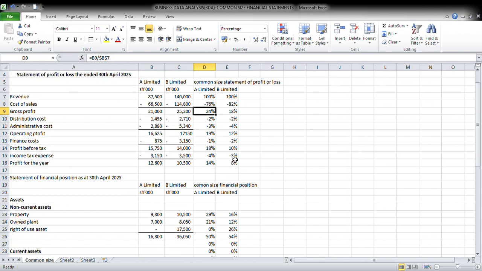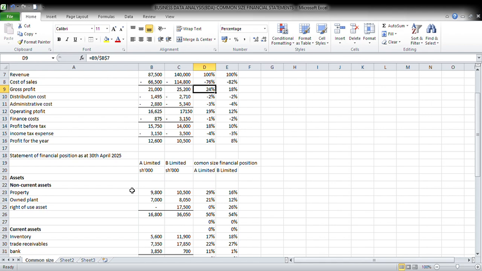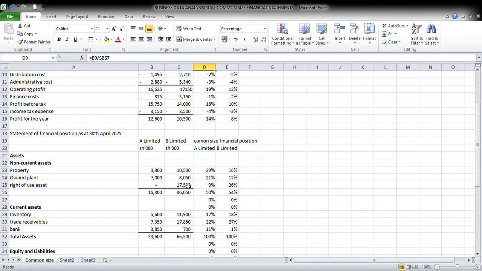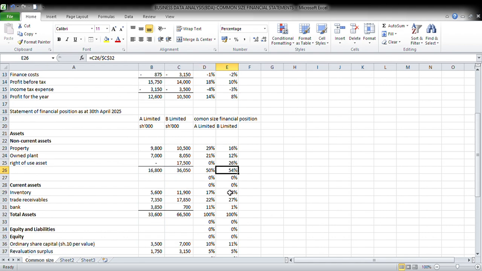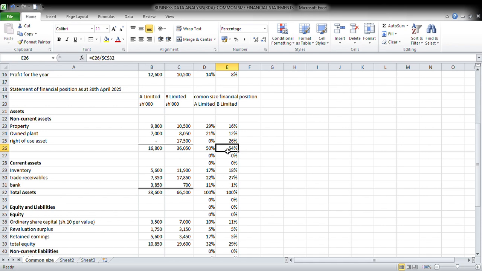Then for the statement of financial position, in terms of non-current asset, company A has 50% non-current asset, then company B has 54% non-current asset. But if you check keenly, you find that out of the 54%, 25% of company B's non-current asset is right of use asset.